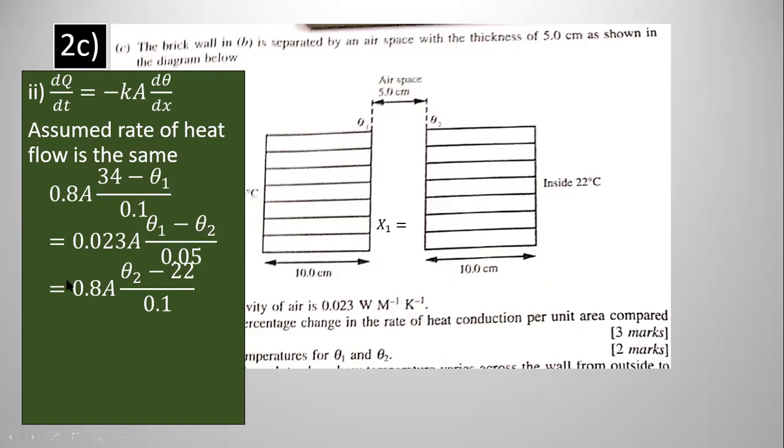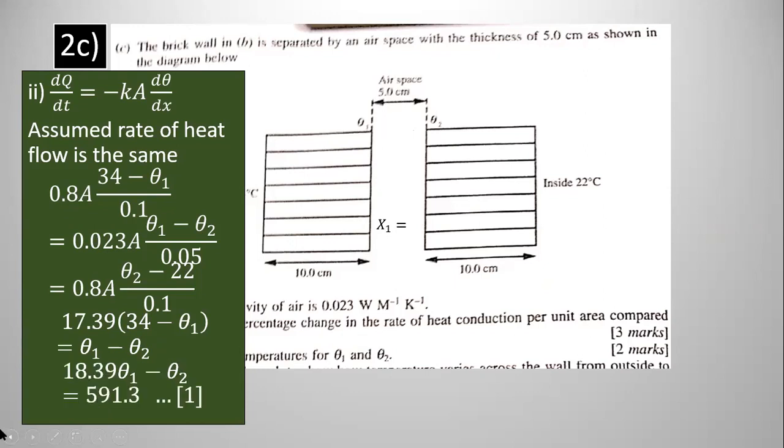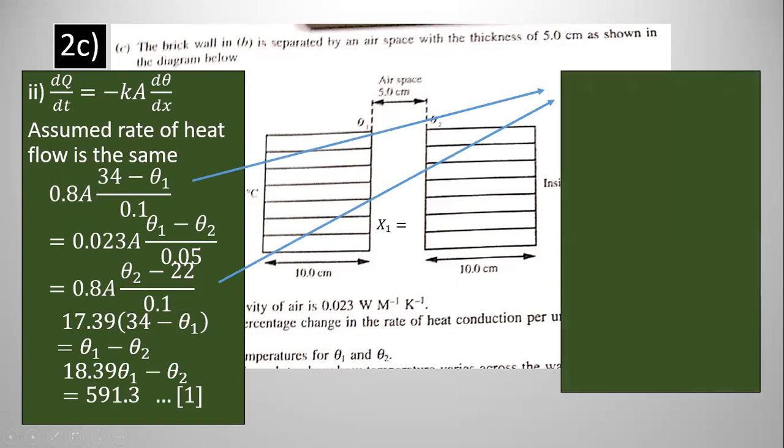0.8 is your K, area is not given, so we just put it as A, and theta 2. Same as what we did before, just form the two equations. Take these two, form an equation, simplify it, that's your equation 1. Then take these two, where you can cancel the common factor off, make it simpler. So you get 34 equals that one.